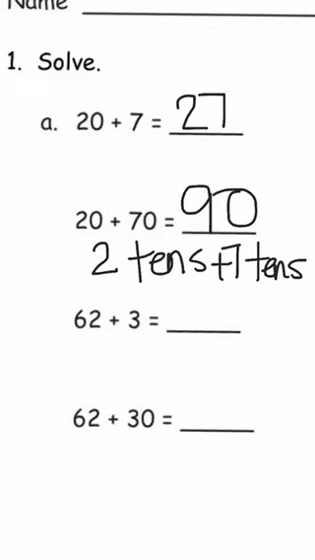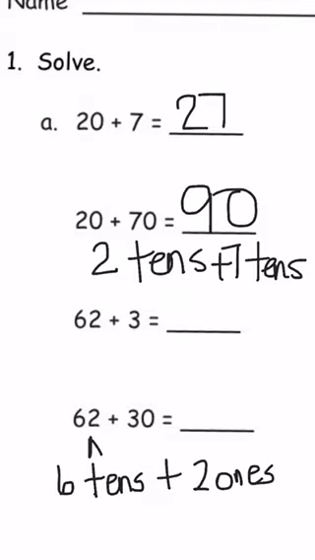Let's skip down here to the very bottom. 62 plus 30. This is where it gets kind of fun. We have 62, and we're going to break that apart because we know that 62 is the same thing as 6 tens plus 2 ones. But for this problem, we're going to be adding 3 tens. Okay, so we know that 30 is 3 tens.